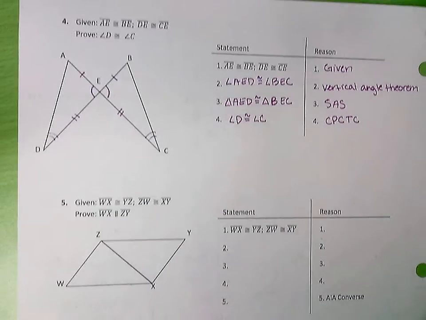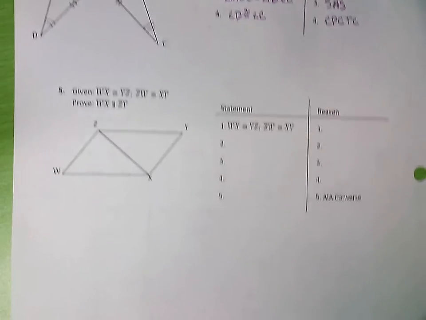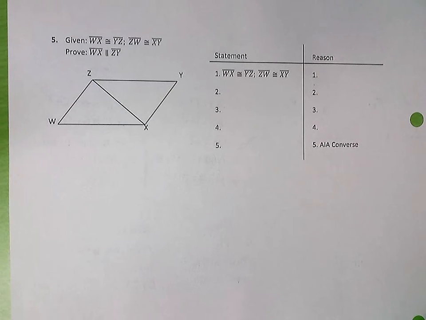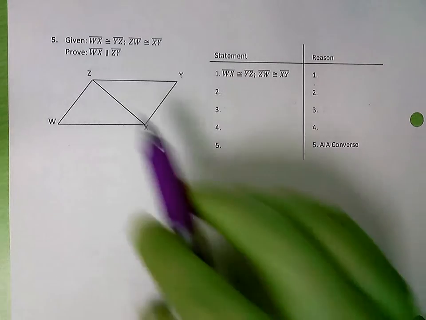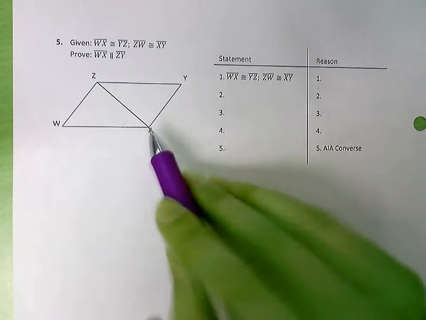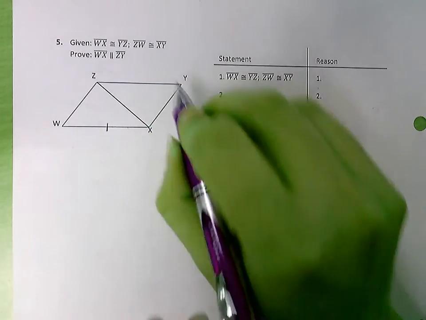All right, 5 is a tiny bit different. So in number 5, we're given that segment WX, this segment here, is congruent to YZ.